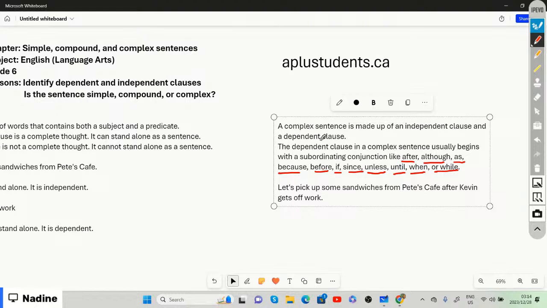So once again, a complex sentence is made up of an independent clause as well as a dependent clause. And the dependent clause, which cannot stand on its own, usually begins with a subordinating conjunction, which is after, although, as, because, before, if, since, unless, until, when, or while.